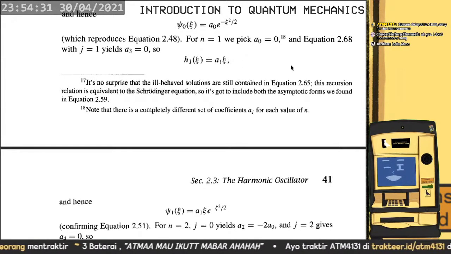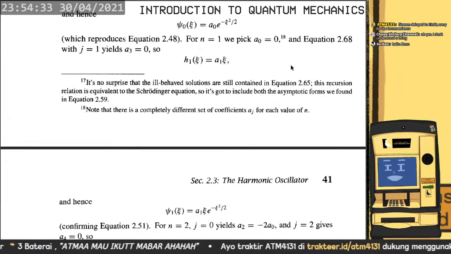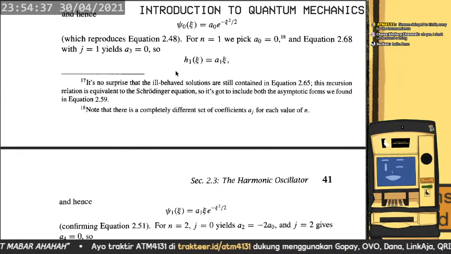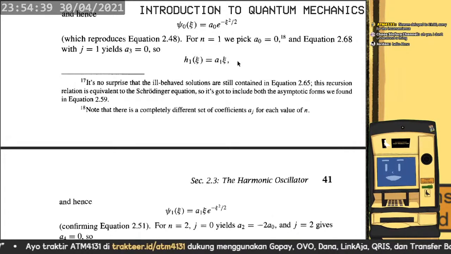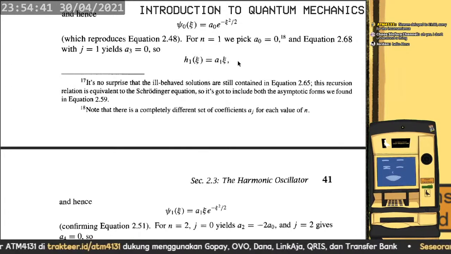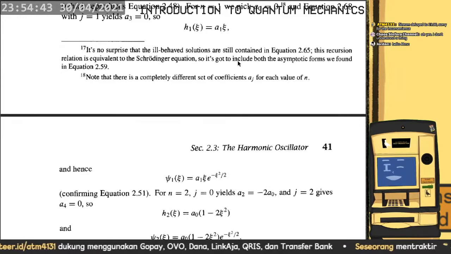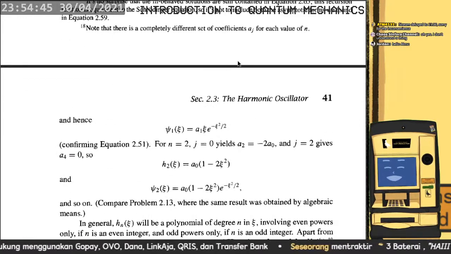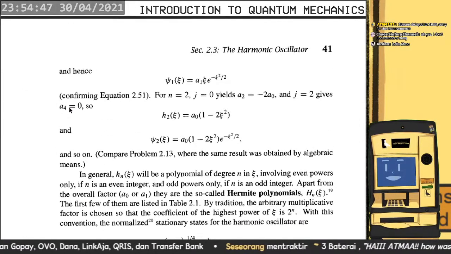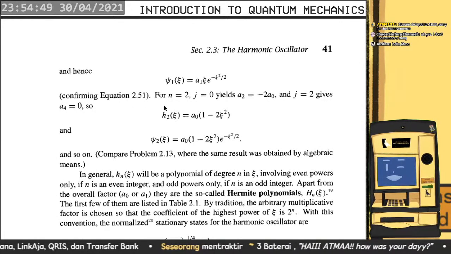We pick a0 equals 0, and equation 2.68 with j equals 1 yields a3 equals 0. So h1 of c equals a1 c, and hence this, confirming equation 2.51.